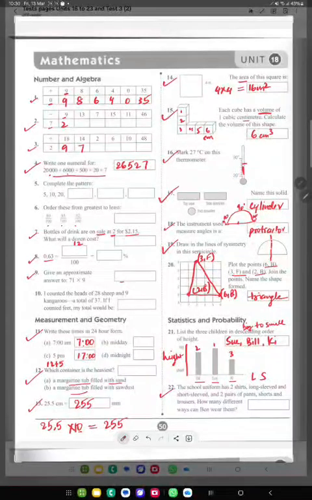Then he has, say, shorts, I just label it as SH, and trousers for T. So he can do long sleeve with the shorts, long sleeve with the trousers, or he can do short sleeve shirt with the shorts, and he can do short sleeve shirt with the trousers. So he has 4 choices altogether. So how many different ways can Ben wear them? There are 4 ways.